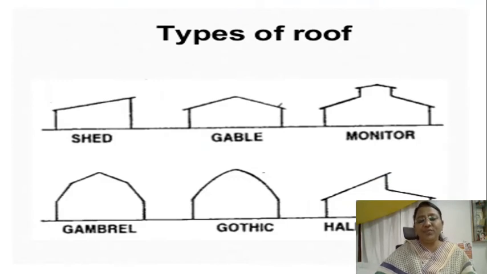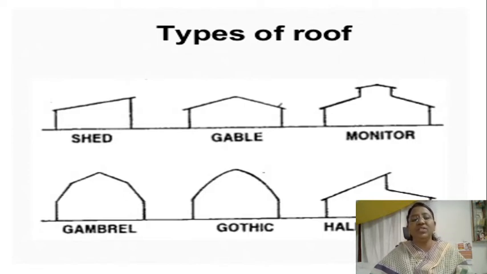And the types of roofs: depending upon the farmer, whether small scale or large scale or just beginners, can take these types of roofs. Sheds, which are slanted on one side. Gables, which have a V-shaped structure over the house. Monitors, which have the V shape, but over it again a small V-shaped roof is present.